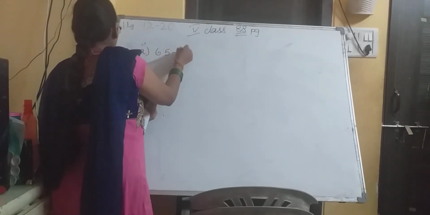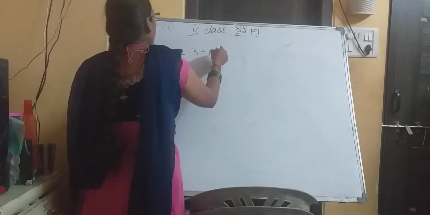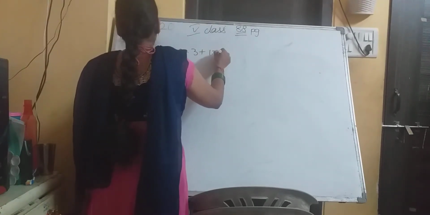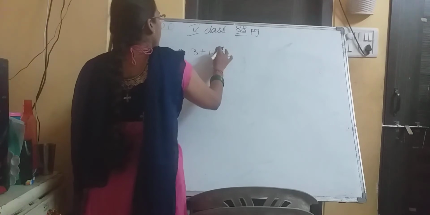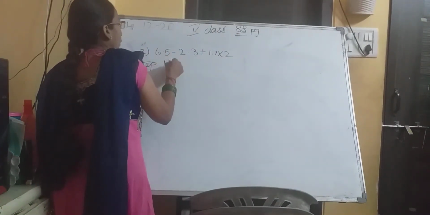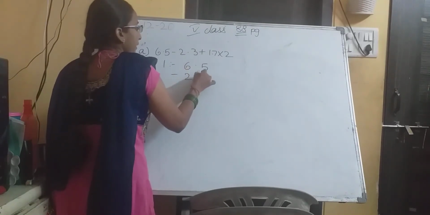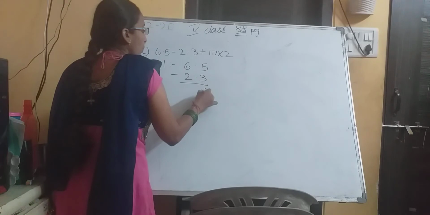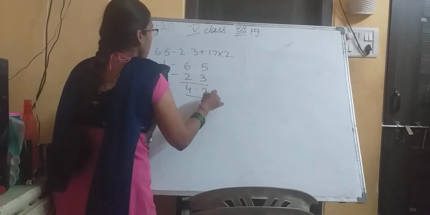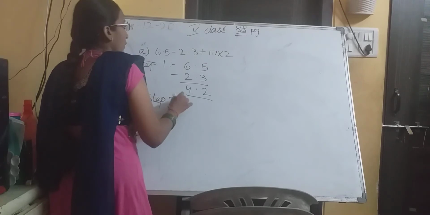6.5 minus 2.3 plus 1.7 into 2. Okay. See, first step 1, what are you going to do? 6.5 minus 2.3. 5 minus 3, 2. 4.2. Step 2.